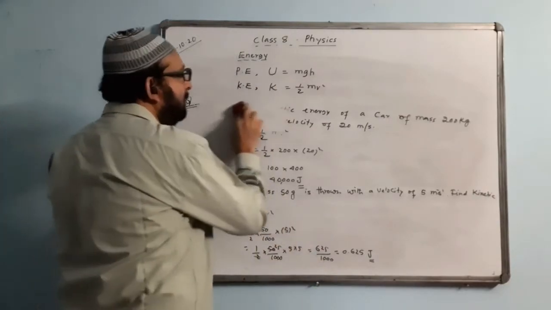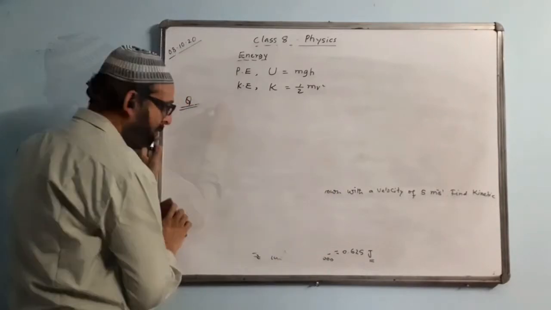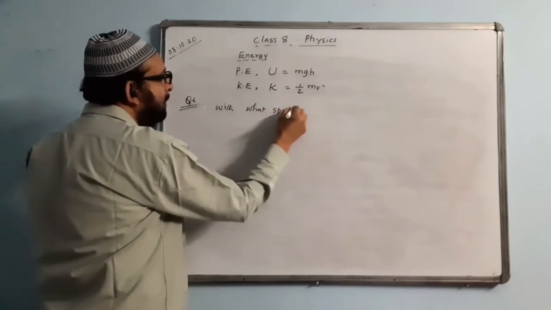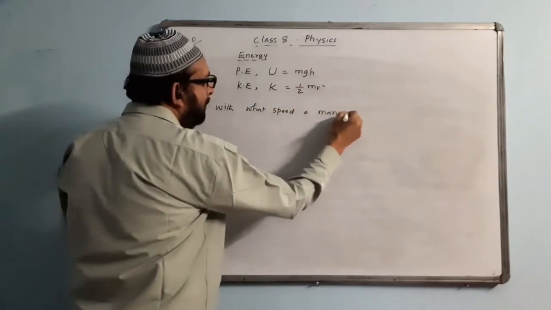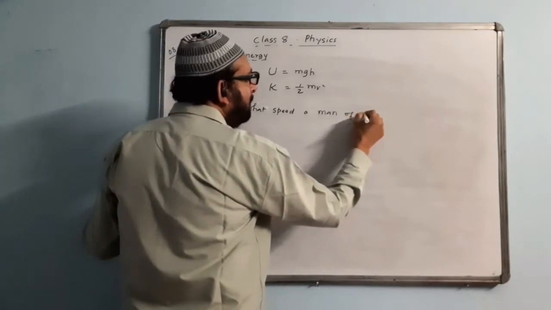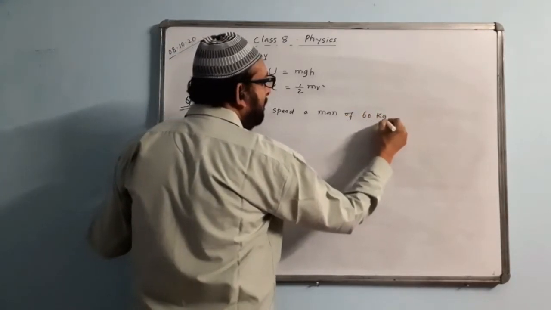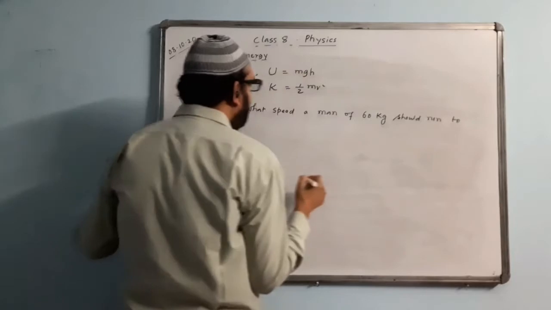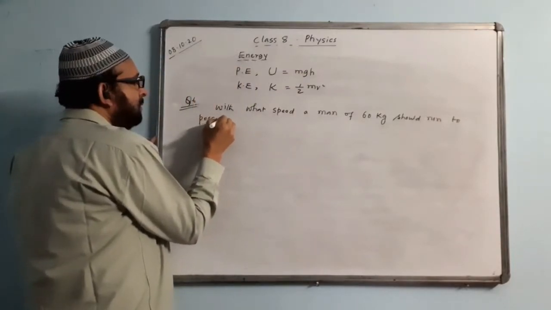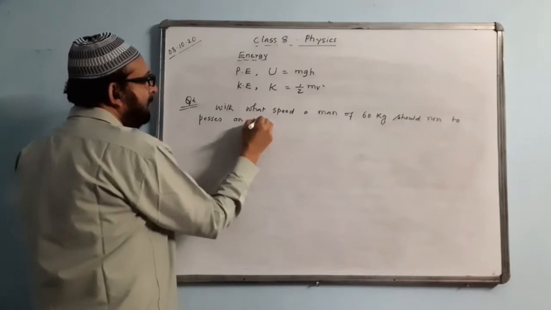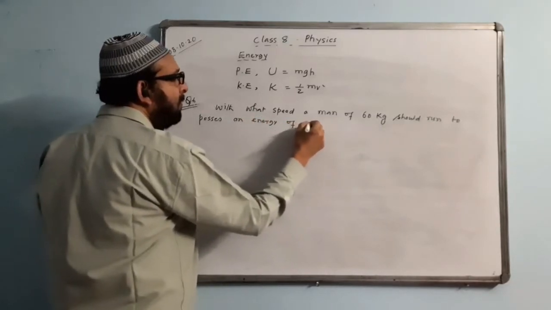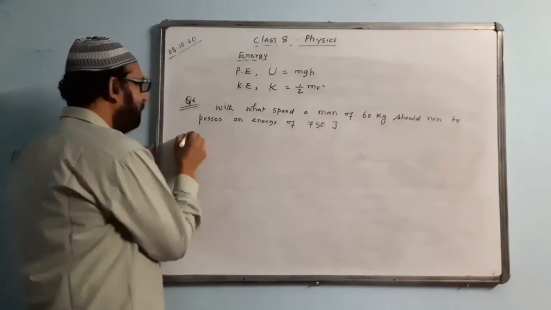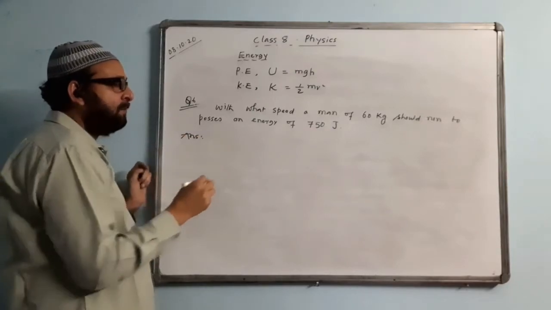For example, we have a question: at what speed should a man of 60 kg run to possess an energy of 750 joule? That is the question. Let us find the answer for this question.